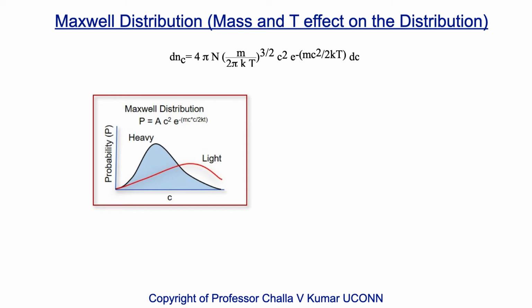If you have very heavy mass, then we know m is involved, and so the function rises quickly and also decays quickly, because you have m before c squared, and we also have m in the exponent of the exponential decay function as well. So it will both rise fast and decay fast.